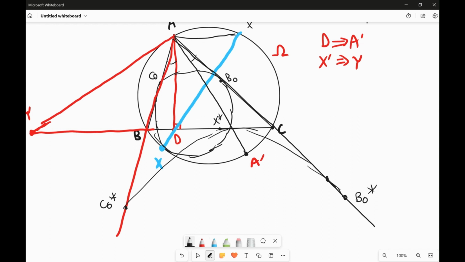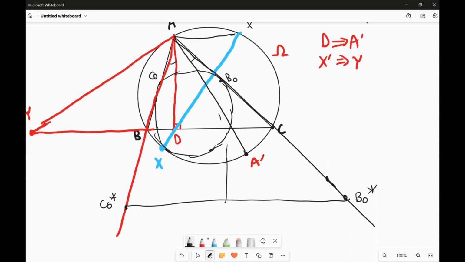And we now know that in order for this to happen, X star must lie on the perpendicular bisector of C0 star, B0 star. So that ends up being really nice for us. So let's go ahead and get rid of those. And we now just construct a perpendicular bisector. And then it intersects at a point, suppose X star.